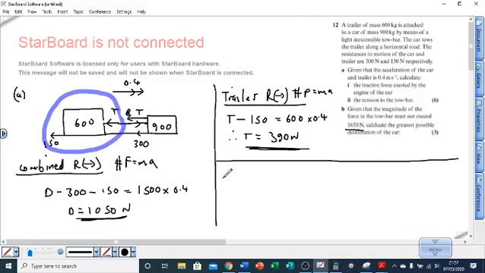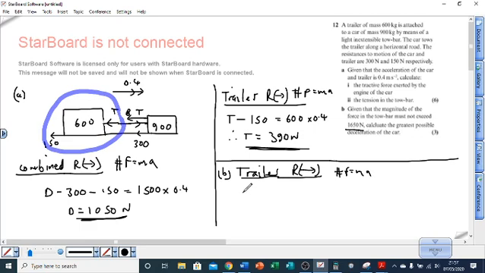I'm going to set it to be 1,650. So again, for B, the trailer, and again I'm going to resolve to the right as positive, and I'm going to use net forces equals mass times acceleration.